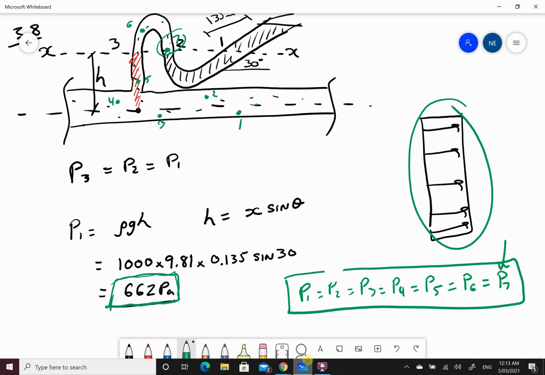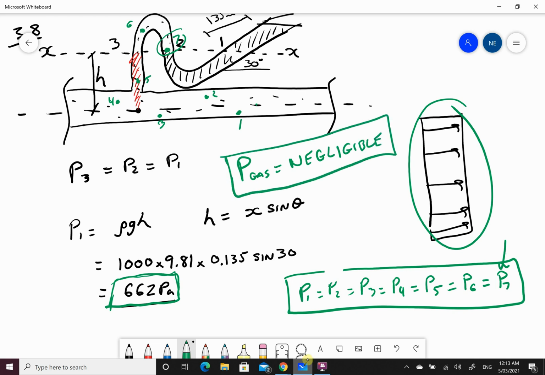But basically what you'll find is the pressure of the gas is negligible. Okay, I'll finish spelling that. So we can ignore it in this case because we have calculated it at this point. So I hope that makes sense.